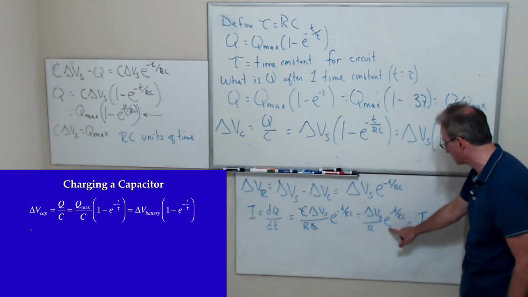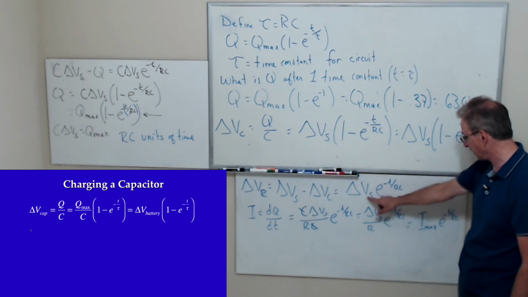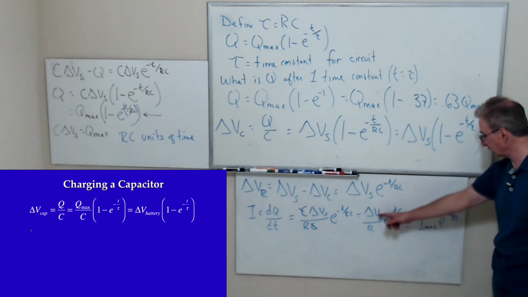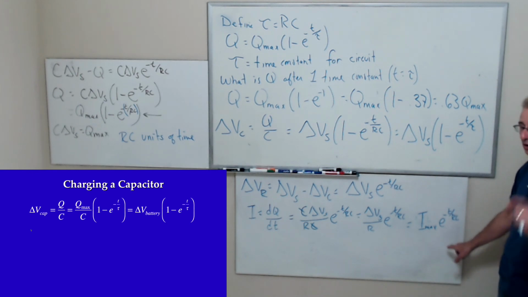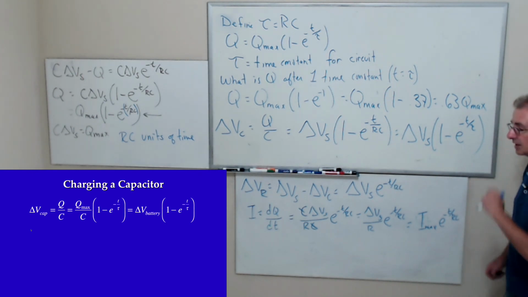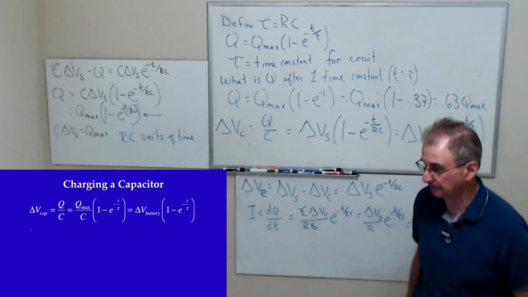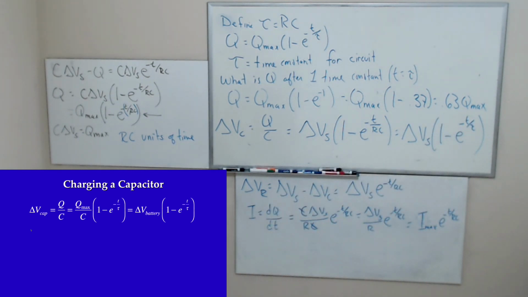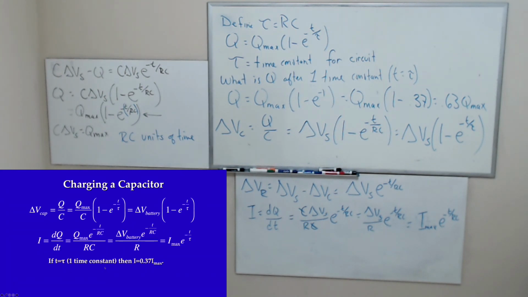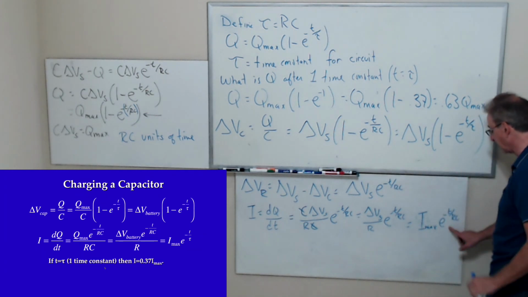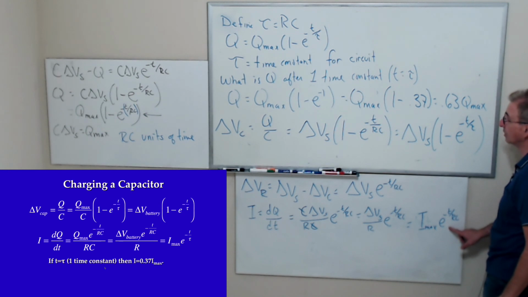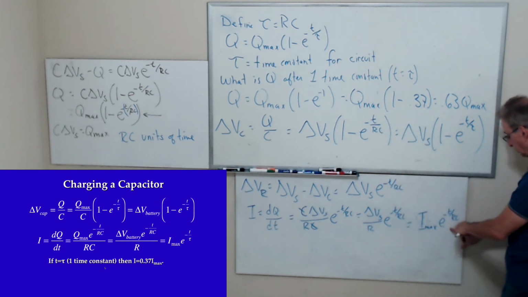If you multiply this by the resistance of the resistor, then you get this equation again. So delta V sub S over R is the maximum current. And notice that the maximum current occurs at t equals 0. The current decays exponentially as a function of time. And so after one time constant, I is at 37% of its maximum value because e to the minus 1 is 0.37.